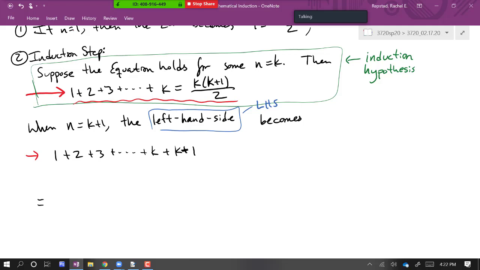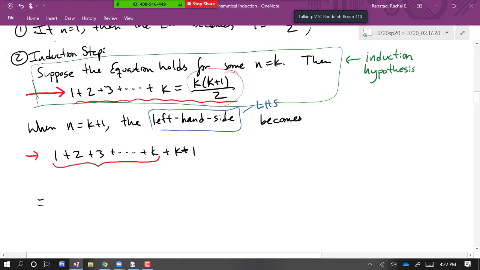And the sum of them is k times k plus 1 over 2. Right. I've got the sum of the first k integers, I just have another one on the end. That's fine. I know that sum from 1 up to k, I can replace it with this fraction right here. So let's do it.